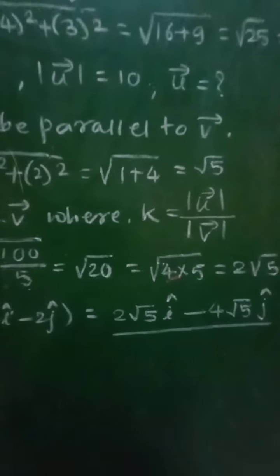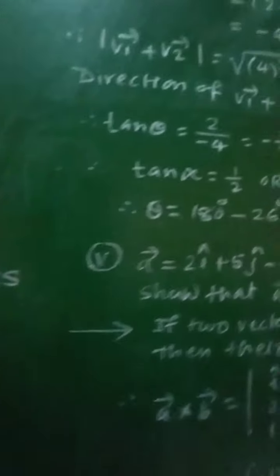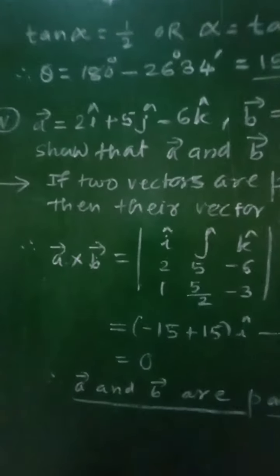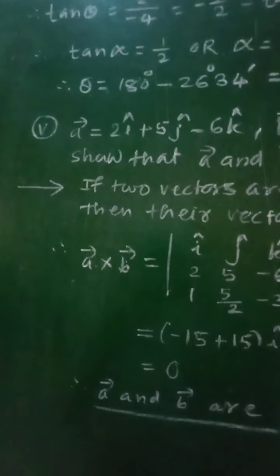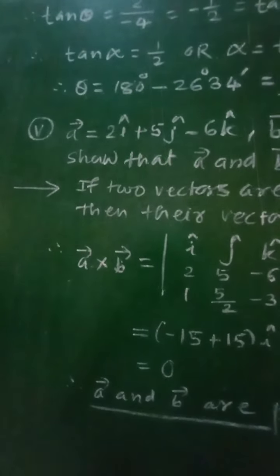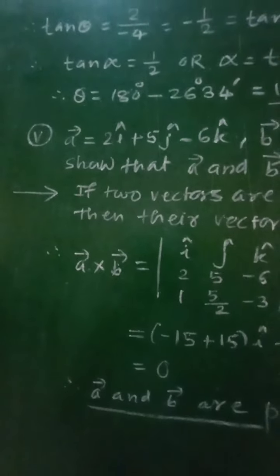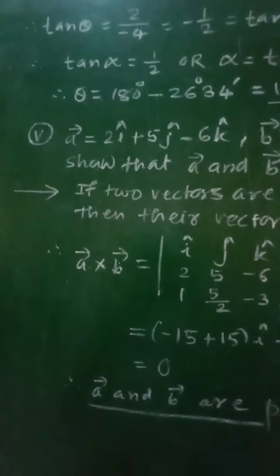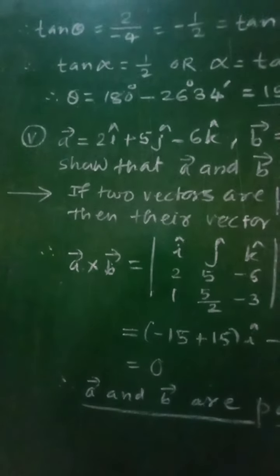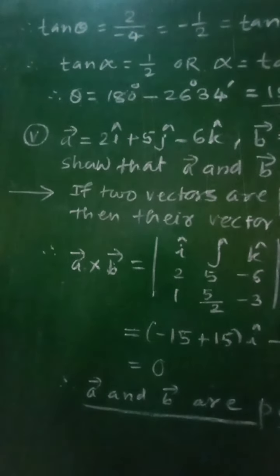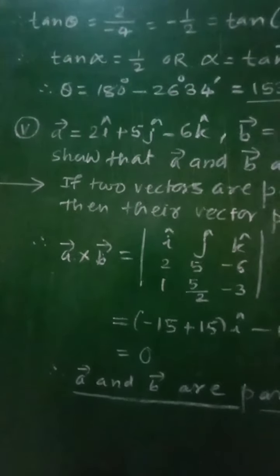And now let us see the next numerical, that is numerical number 5, which is stated as: show that the vectors vector A equal to 2 i cap plus 5 j cap minus 6 k cap and vector B equal to i cap plus 5 by 2 j cap minus 3 k cap are parallel.